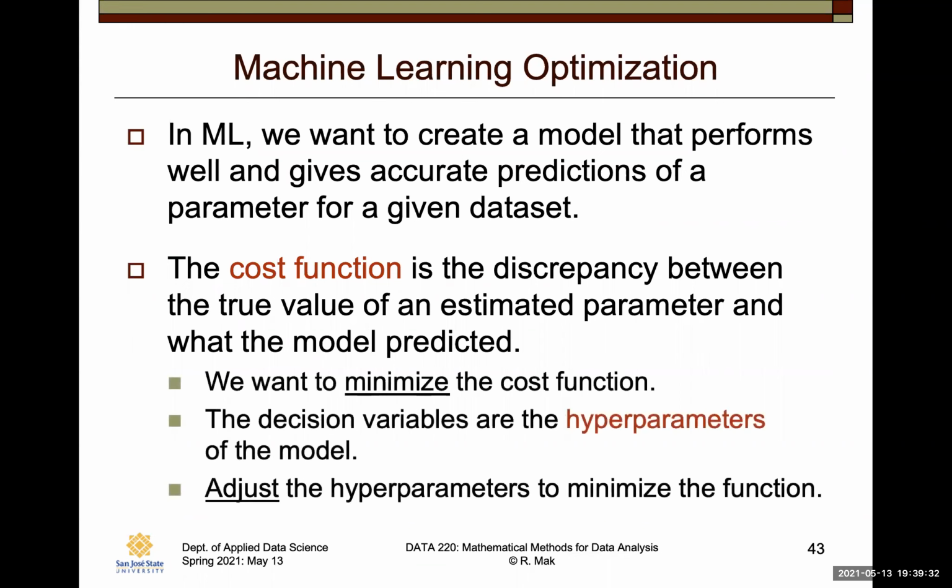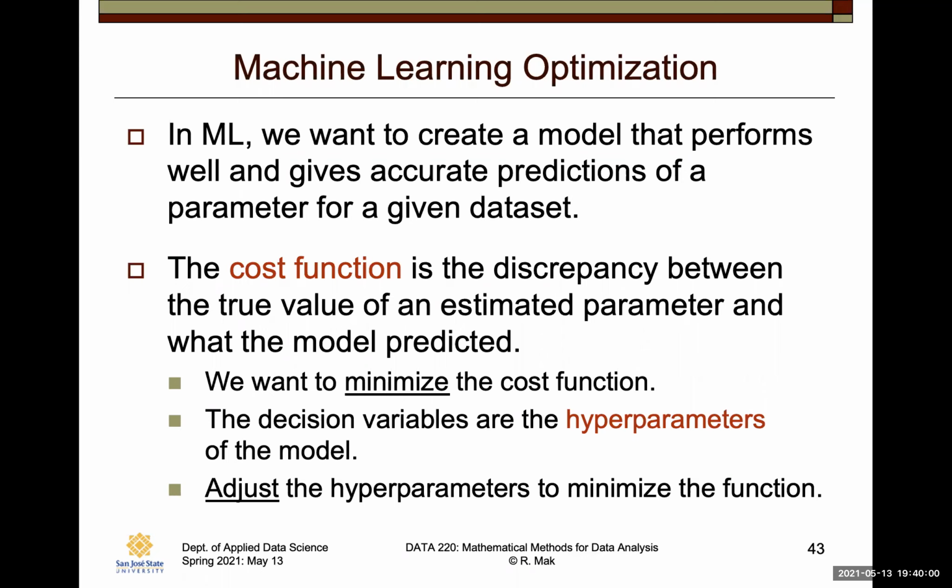Now, of course, in machine learning, we want to minimize the cost function. Okay, so given a model and then the cost function, which is the difference between the predictions and the actuals, you want to minimize the cost function. And how are you going to do that? Well, your model has these parameters that define the model.